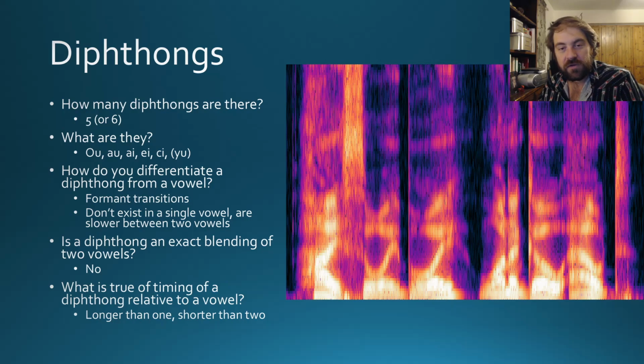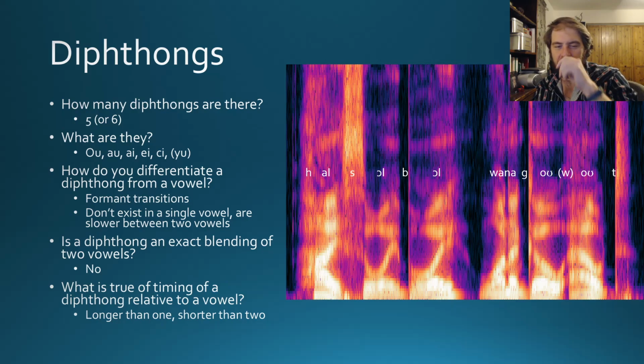But it's longer than just one vowel. So I is longer than a single vowel but it's shorter than two vowels by themselves. So it's like 1.5 vowels long ish, if you want to think about it that way. So kind of in the same way that you don't start on the vowel and go to the next vowel, you don't just add those timings together either. It's a little shorter. That's where we get those rapid formant transitions.